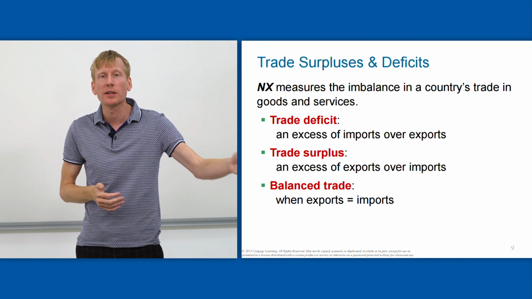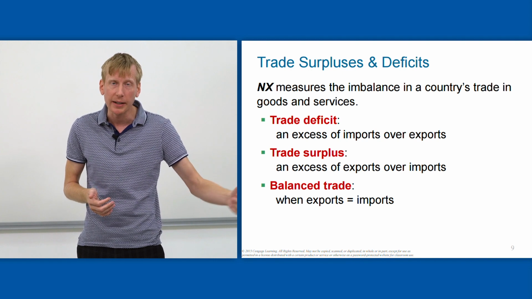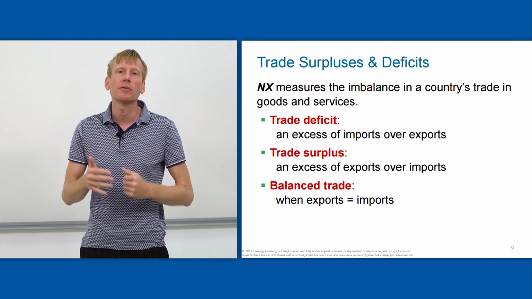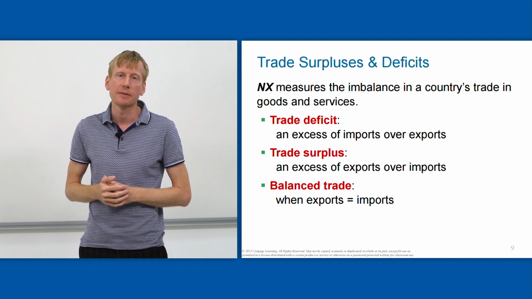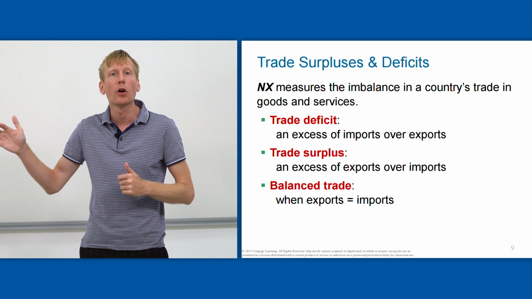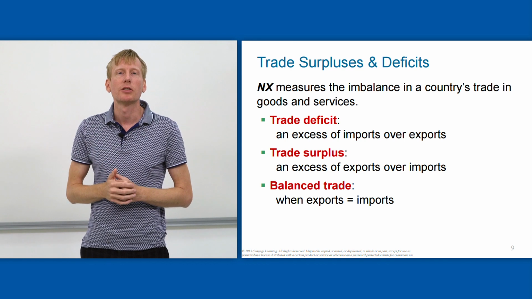Everything which is an export is an import for somebody. Everything that's an import is an export for somebody. On average, net exports must be zero, so a simplifying assumption in many trade models is that trade will be balanced. For any given country, we would expect that trade ought to be balanced in the long run, usually, even if it's not balanced in the short run.